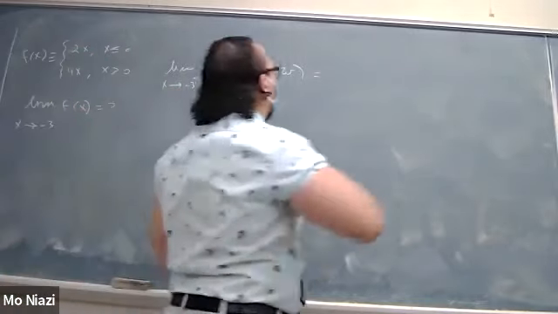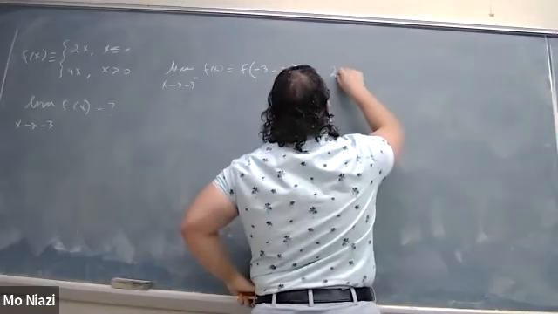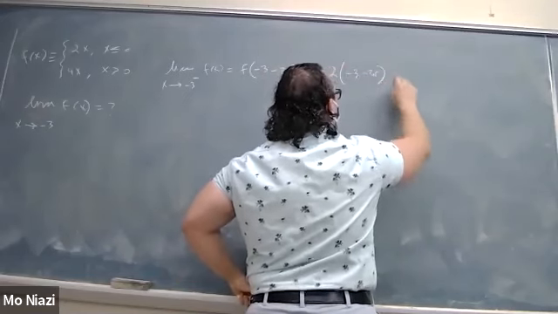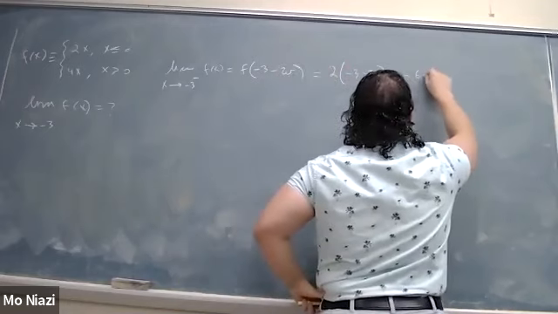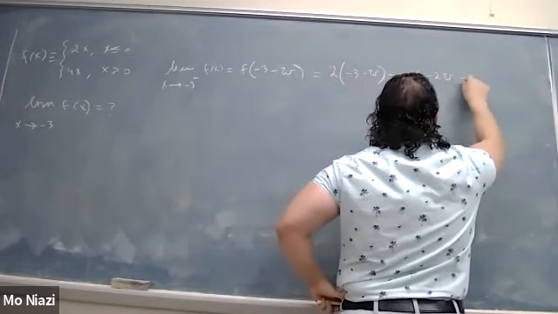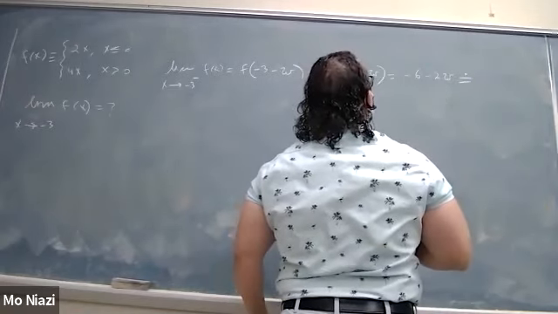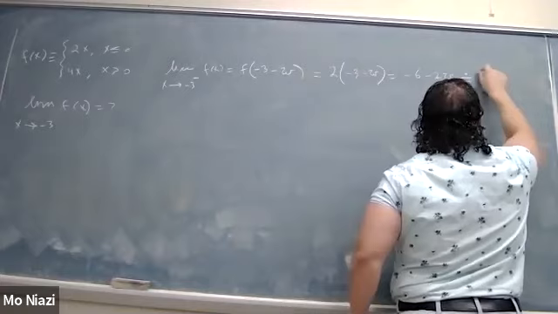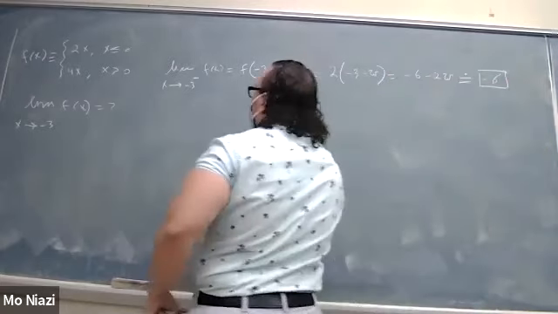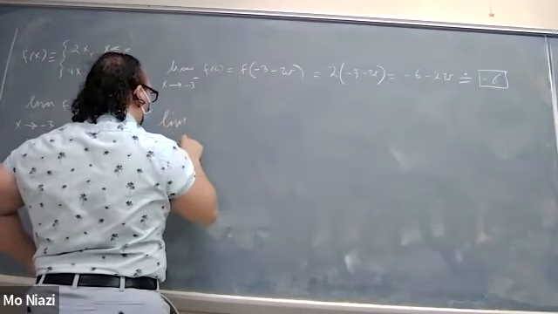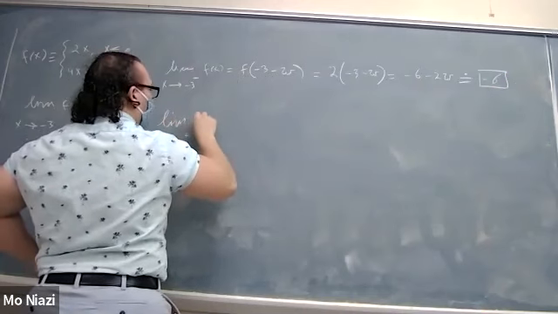So we have to evaluate the function at that 2x, namely 2 times negative 3 minus omega. We evaluate it at that. So this becomes negative 6 minus 2 omega, which renders the real result what? Very good. Now let's evaluate the right-handed limit. What is the limit as x approaches negative 3 from the right of f of x?